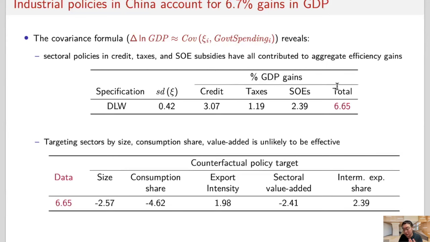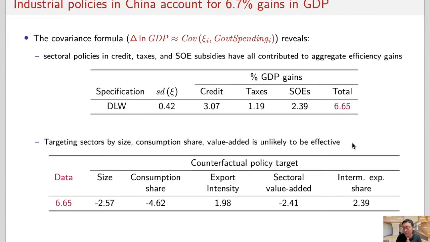What I found is, across these policy platforms, altogether they account for about 6.7% of GDP. And if we change sectoral targeting by size, consumption share, or value added, or even export intensity or intermediate expenditure shares, these alternative policy targets wouldn't do as well as the data. That is, the government really needs to target upstream sectors to generate as much gain as what's observed in the data.